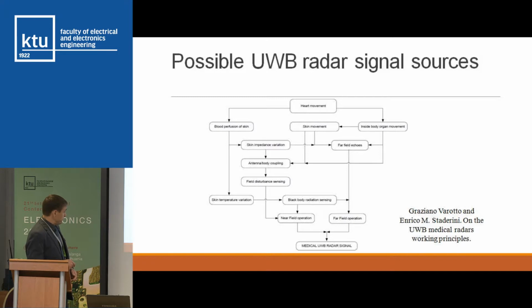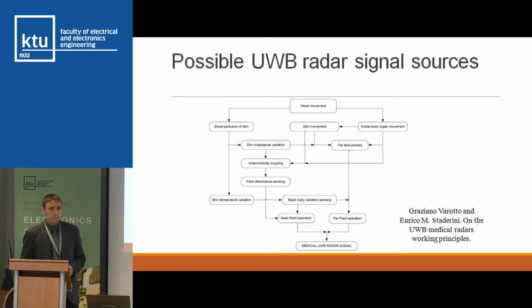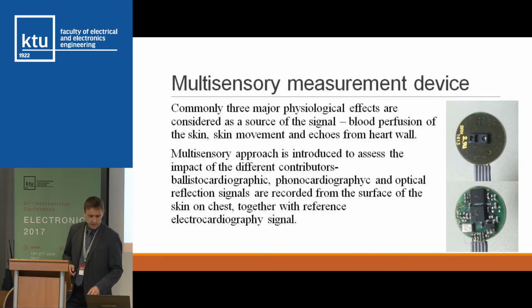And then echoes from internal organs, antenna coupling, far field, near field coupling, black body radiation, and sources like that. So there are probably many possibilities, but where the signal is really coming from is still not 100% clear.